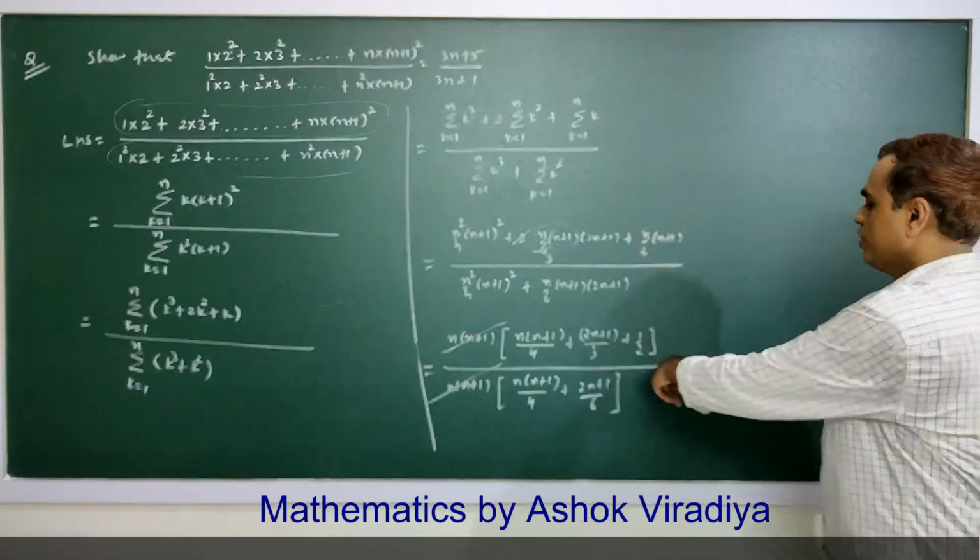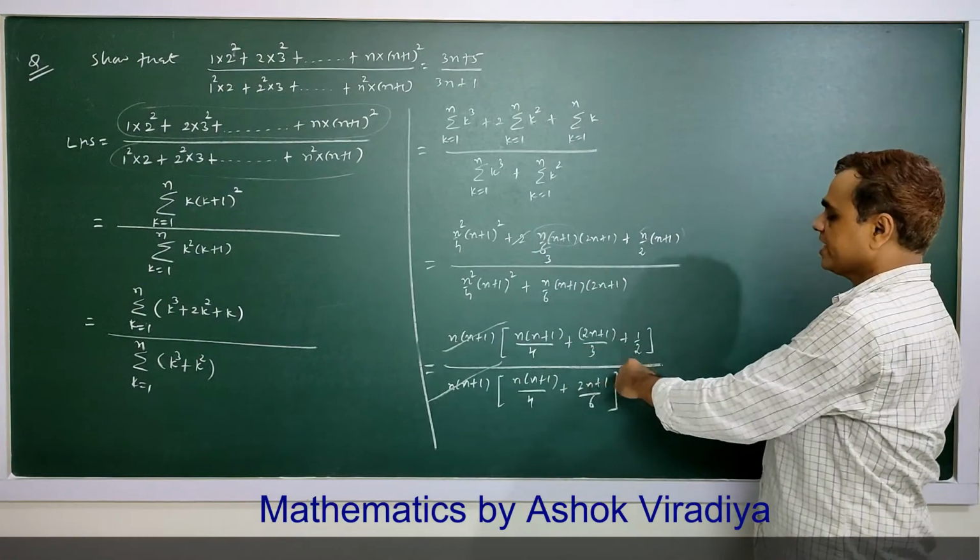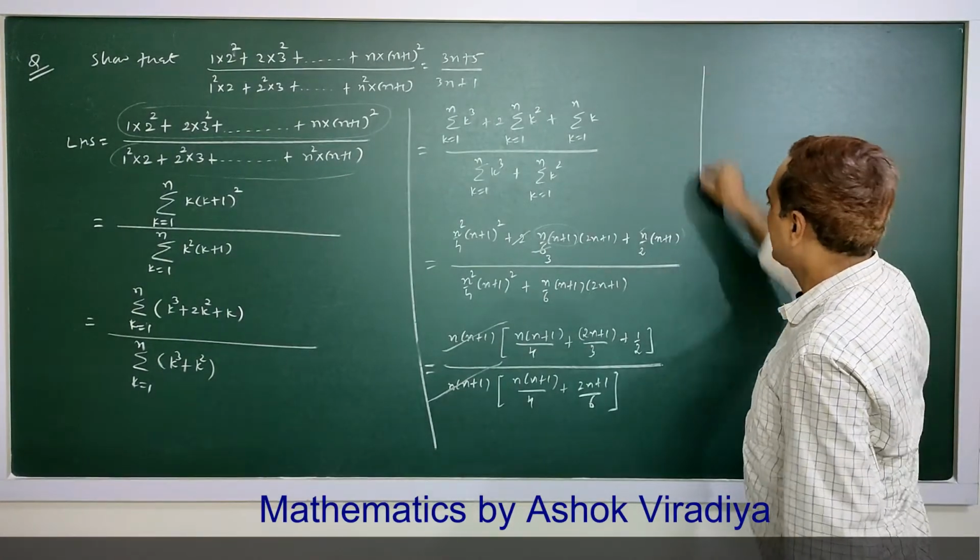Now here we are taking the LCM of 4, 3 and 2, which is 12.